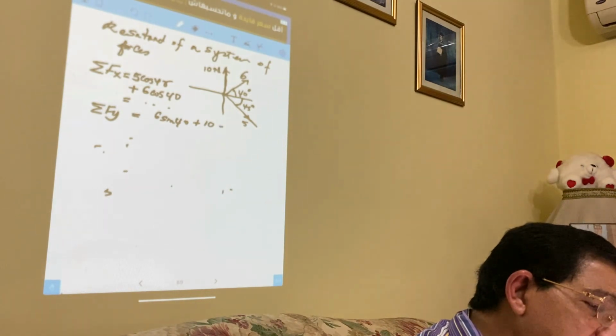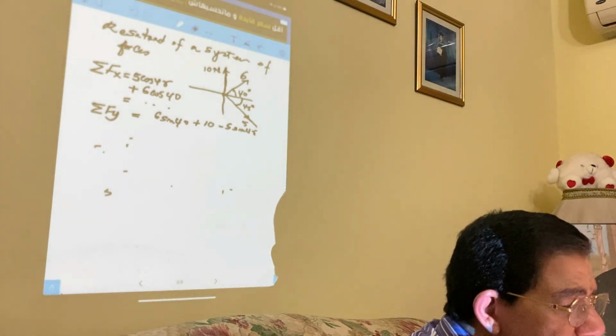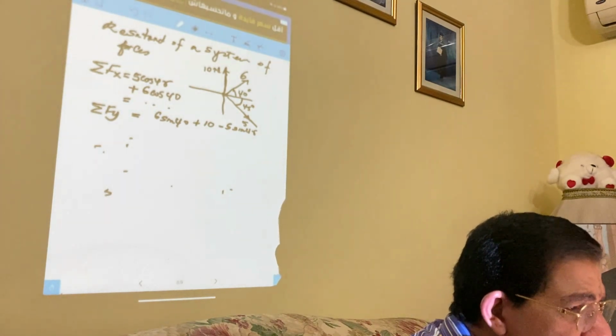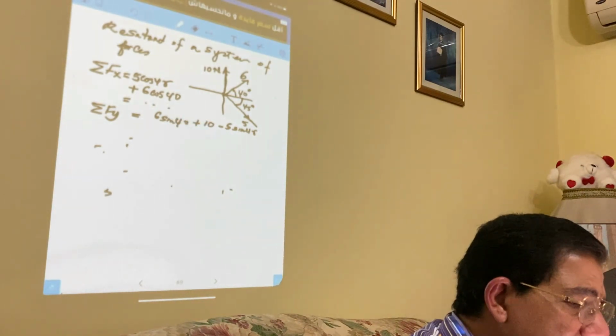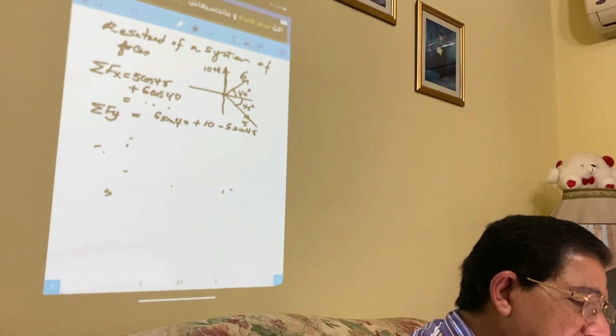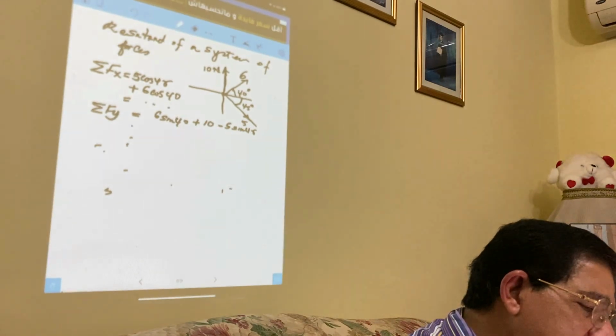Minus 5 sine 45. If the component with the x is cosine, the component along the y is sine. And we get the sigma fy.